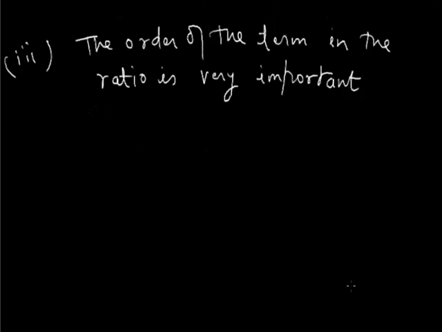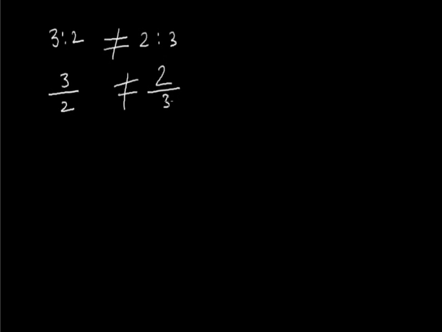What I mean by important is that the ratio 3:2 is not equal to the ratio 2:3, because 3:2 is equal to 3 divided by 2 in fractional form, while 2:3 is equal to 2 divided by 3 in fractional form, which are not equal. 3 upon 2 is not equal to 2 upon 3.